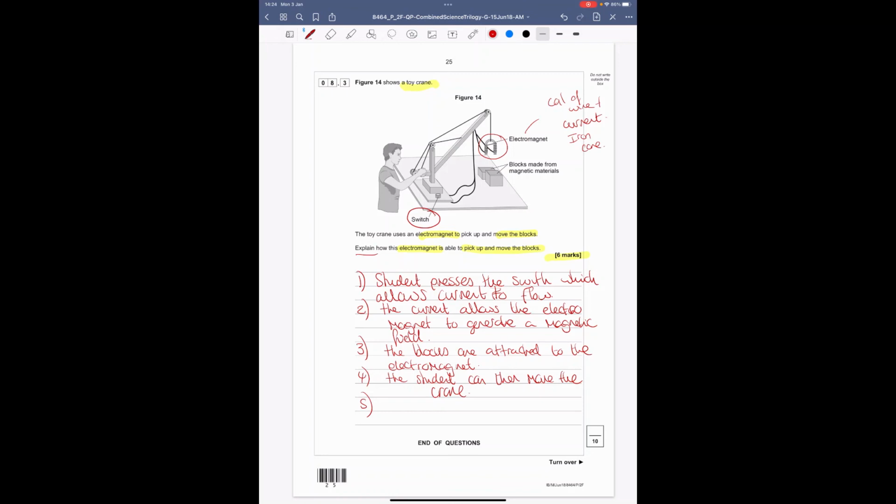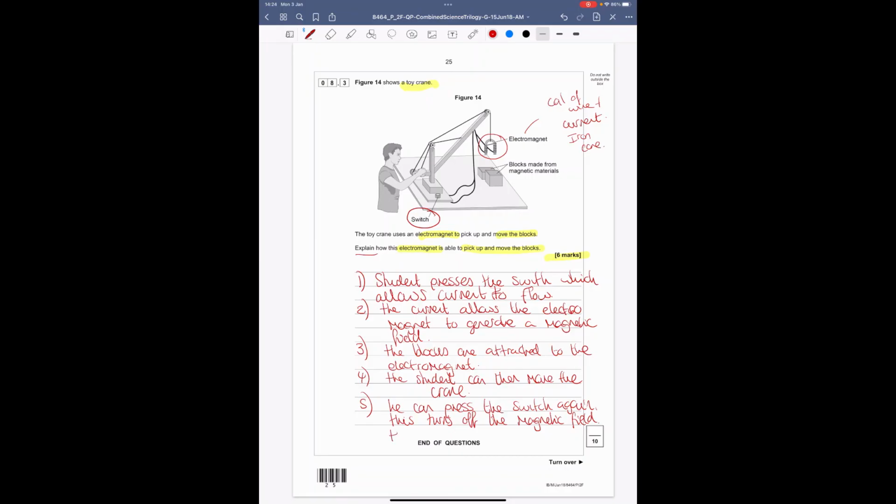Number five, now when he's moved the crane, and therefore he's moved the blocks, to turn off the electromagnet, he can press the switch again. This turns off the magnetic field.